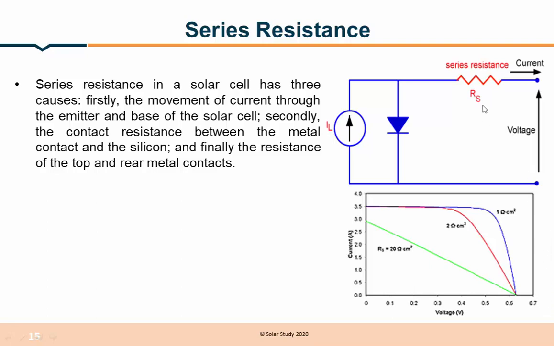When series resistance starts increasing, the voltage, that is the open circuit voltage, starts decreasing. So I will get some deviation here. The slope near VOC changes. When resistance is increasing, the slope of the open circuit voltage also increases.